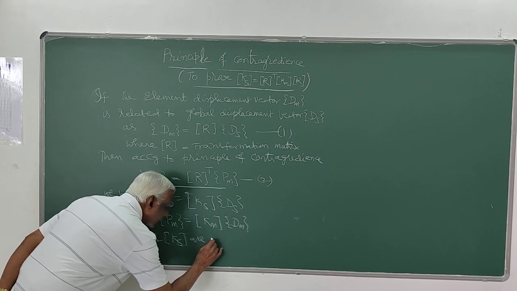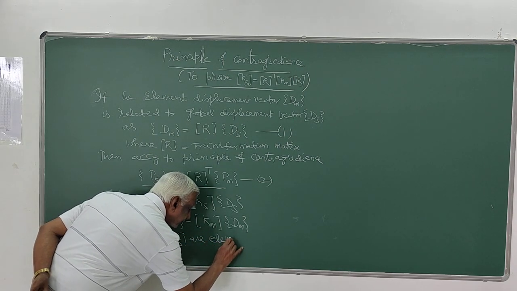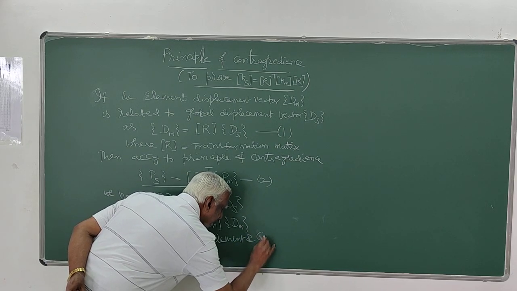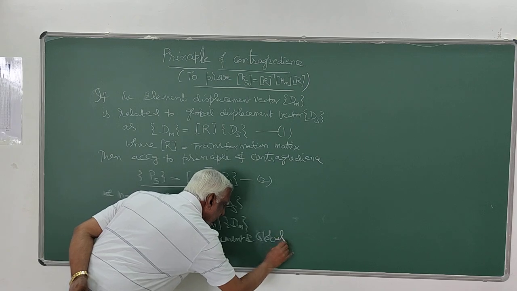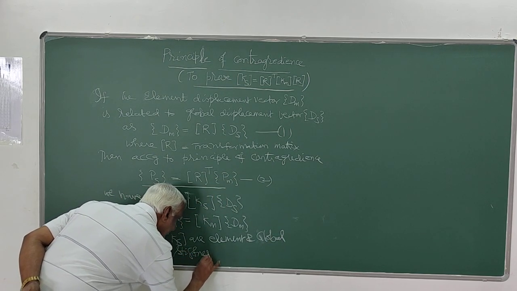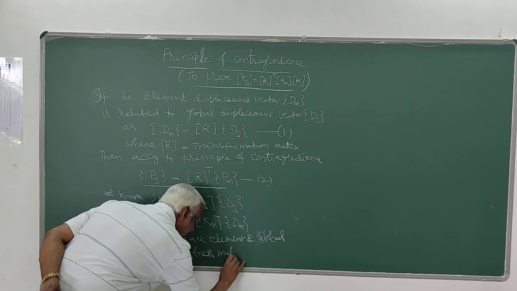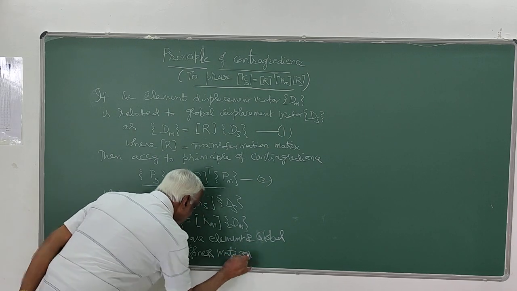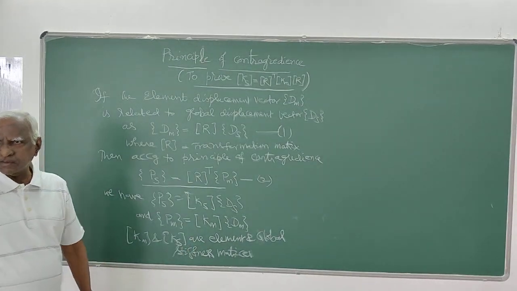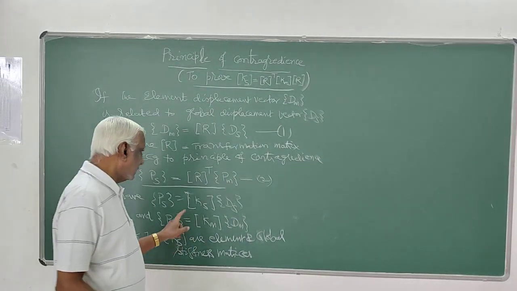Km is the element stiffness matrix and Ks is the global stiffness matrix.